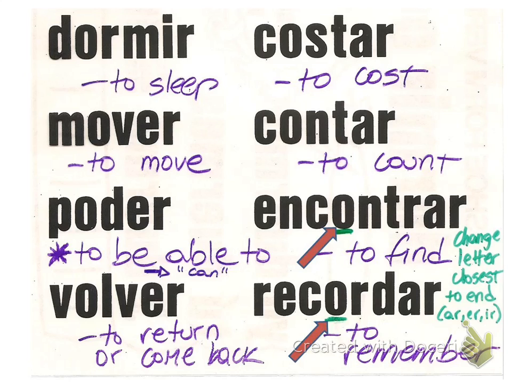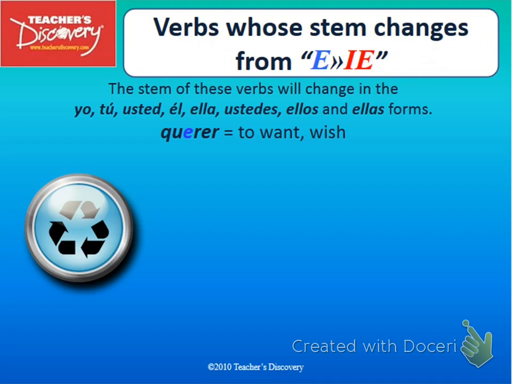Here's a couple more examples of some O to UE verbs, and in this case, encontrar and recordar both have an E and an O, so when we put all the families together, you'll have to know which ones make what stem changes. In this case, the O is closest to the AR, ER, or IR, so that's what you would change in the stem part of the verb.